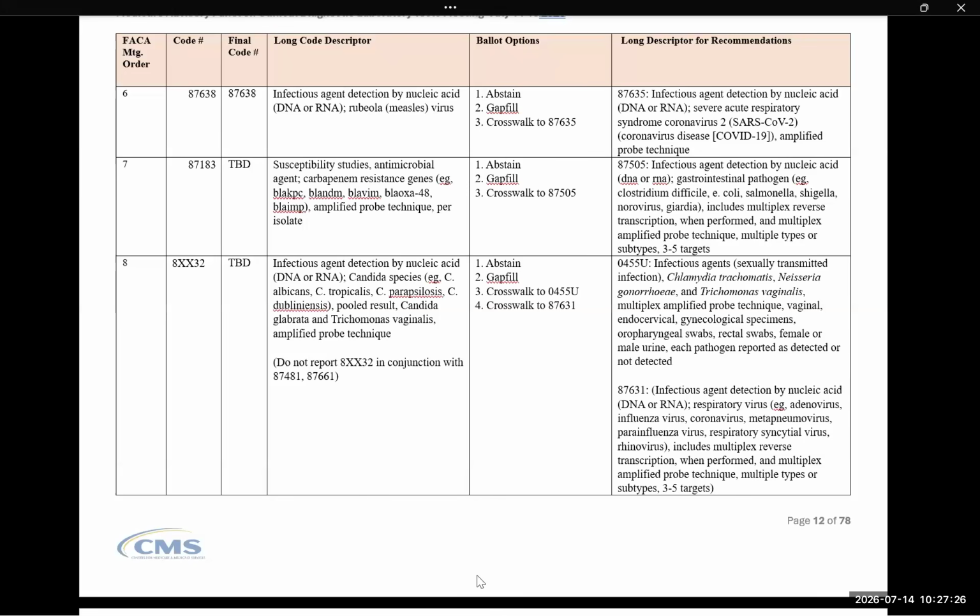And we agreed with that recommendation, as both are a single target detection of an enveloped negative sense virus and an emerging pathogen. So our recommendation was to crosswalk to 87635. All right, and are there any new options for the panel to consider? Or any questions or comments from panel members or CMS? All right, if not, panel members, please cast your votes.